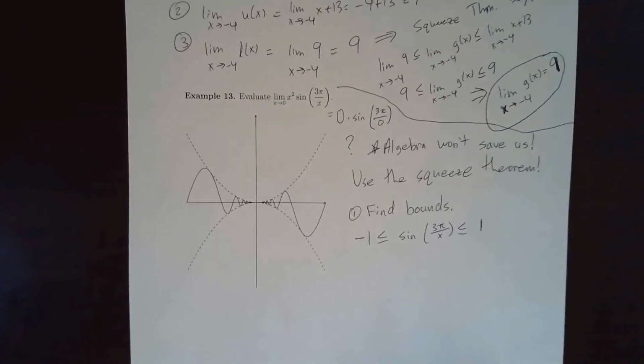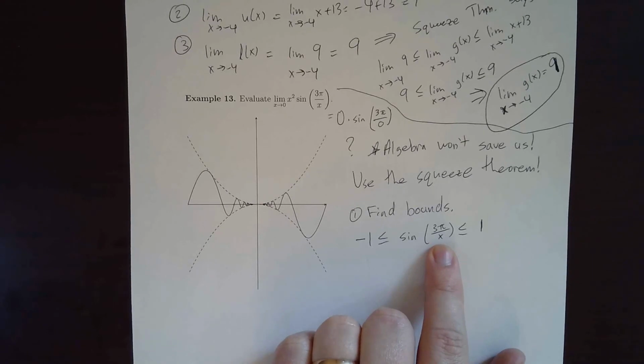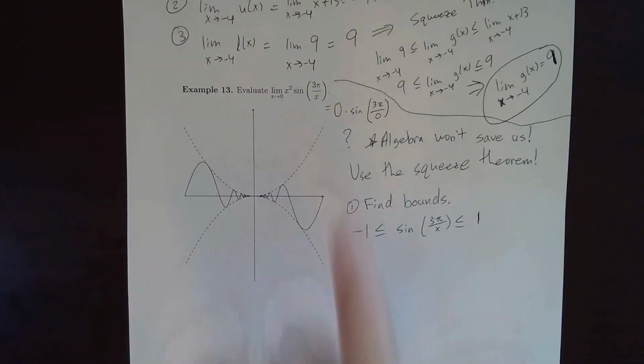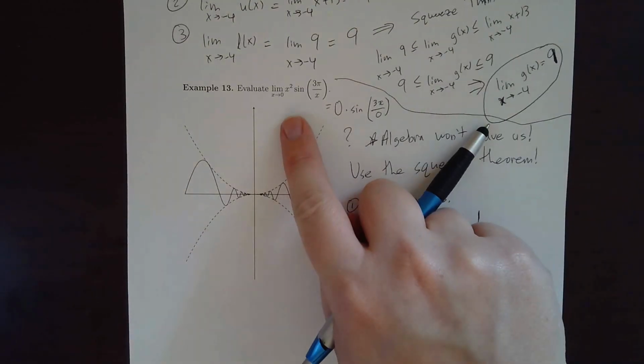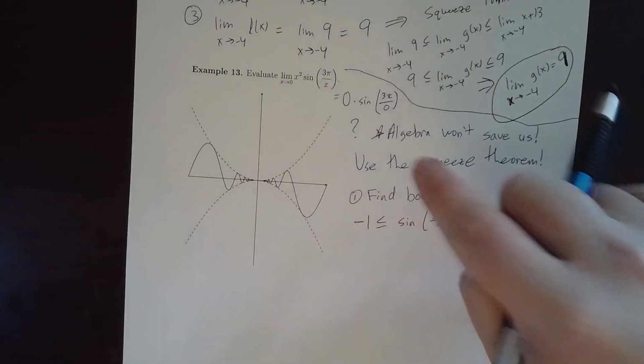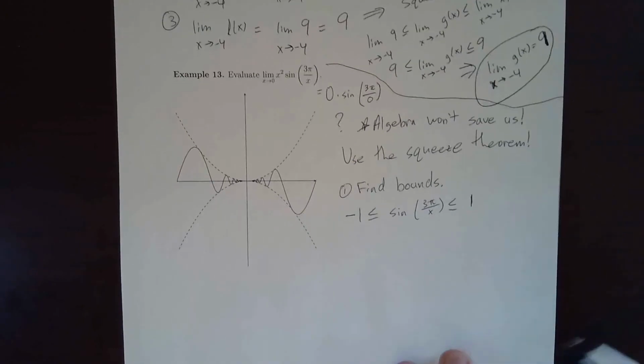So we'll start with this idea. And typically for these sines and cosines, we'll start with this idea that their values on their own can't go below negative 1 or above 1. Now note that this is not the function we have. This is the function we have. So now we can multiply all sides of this by x squared. And note that x squared is non-negative, so we don't have to worry about changing the direction of any of these at all.